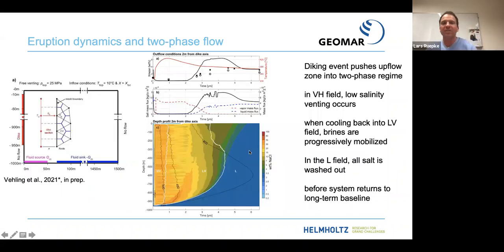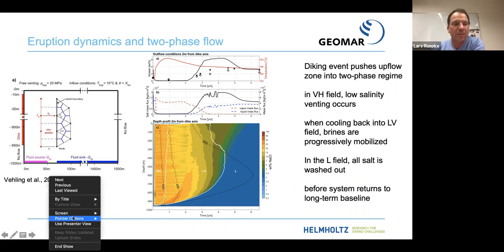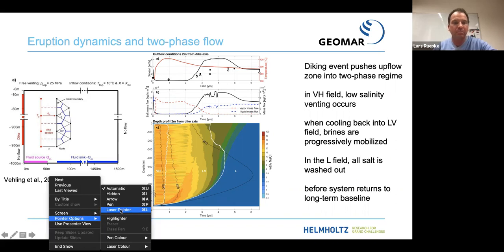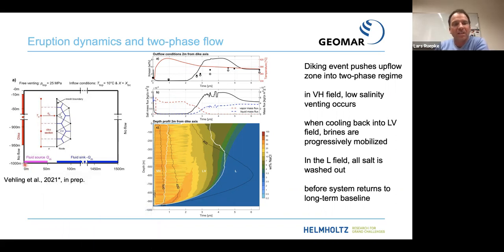So if I could put this into this model, the model is set up to look at what happens if we perturb the upflow zone by a diking event. The way these models are set up, we can have a controlled background flow. Falko has done this by having a fluid source here that results in flow up and a fluid sink over there. So this induces some kind of convective motion with a given salinity and temperature.